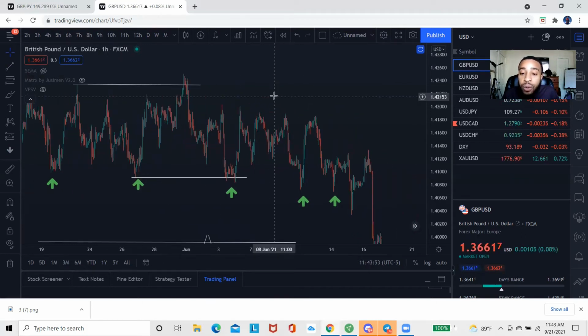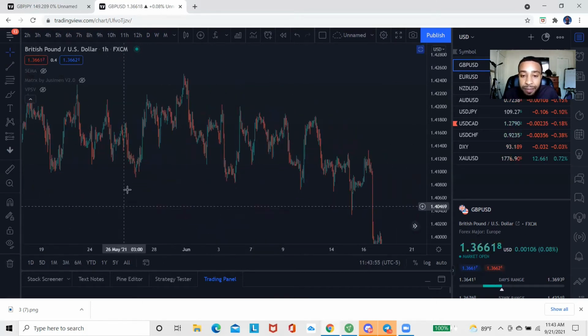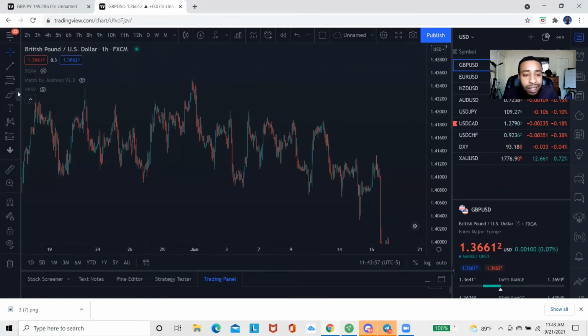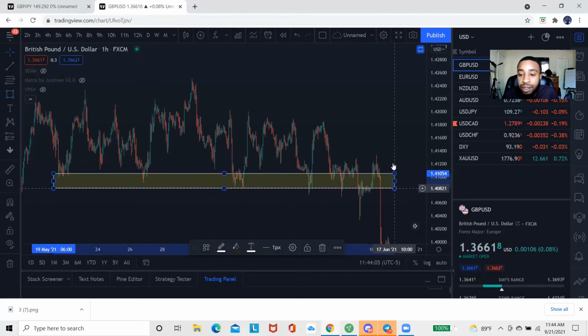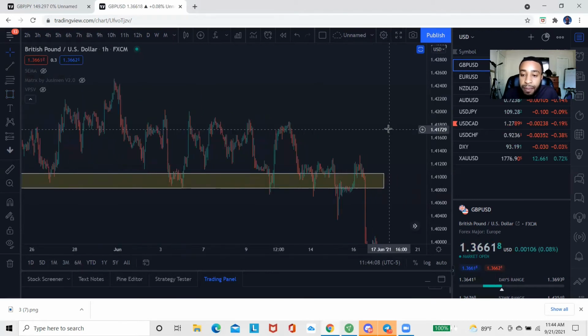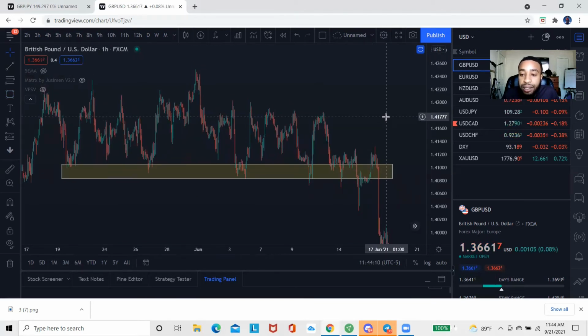So where would I have actually looked, Tyree, to get into this trade idea? I'm going to show you guys. Now, there's a couple of different ways that you guys can look at this, okay?